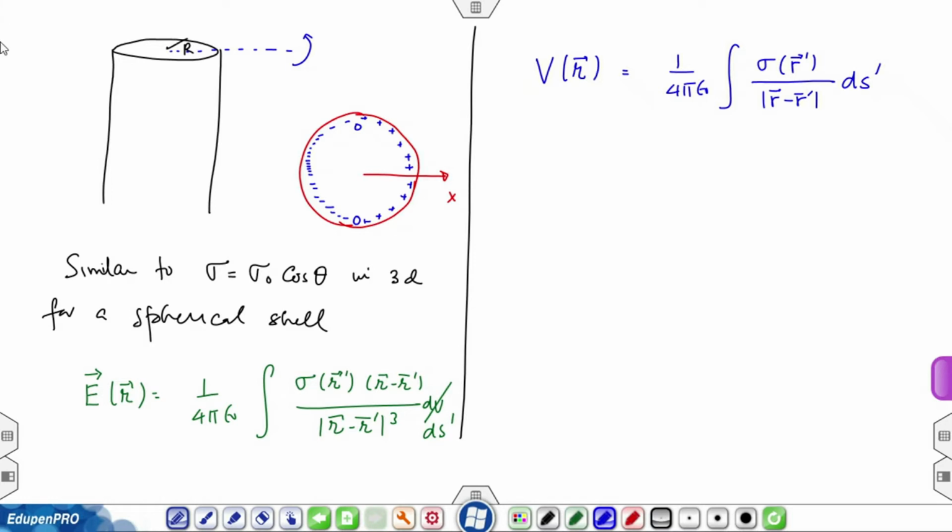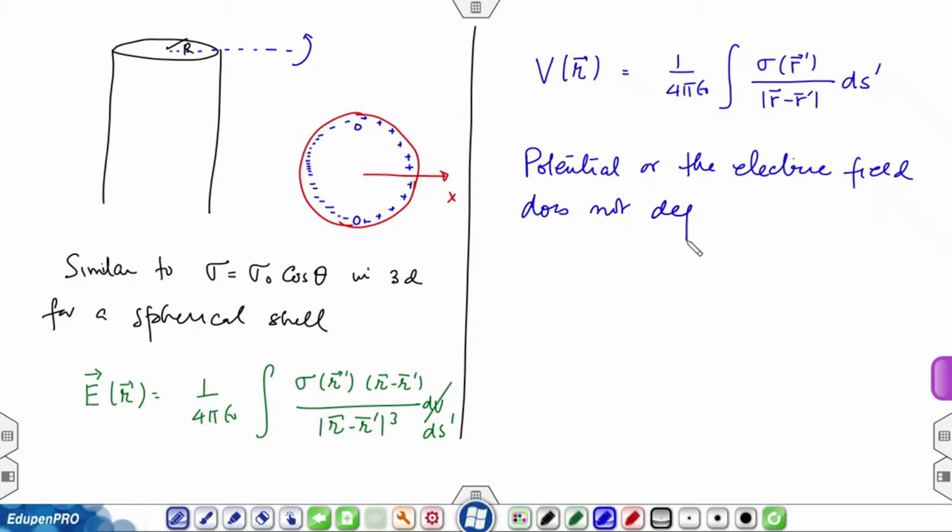In our case, the potential or the electric field does not depend on z.